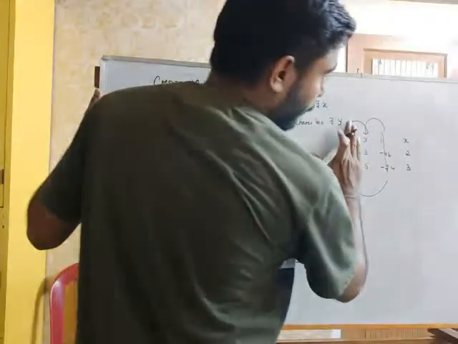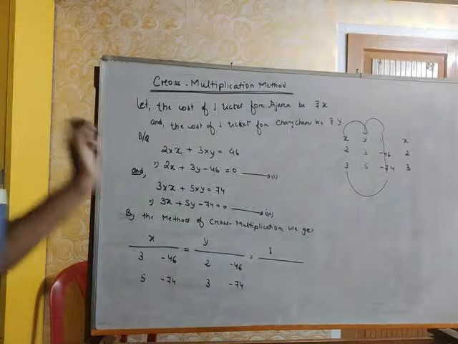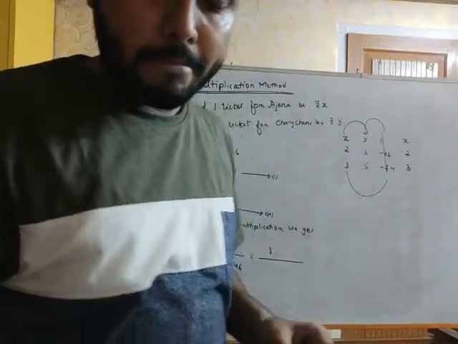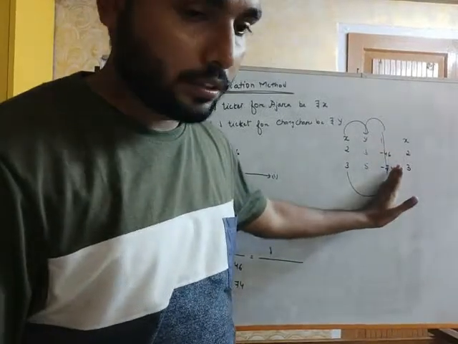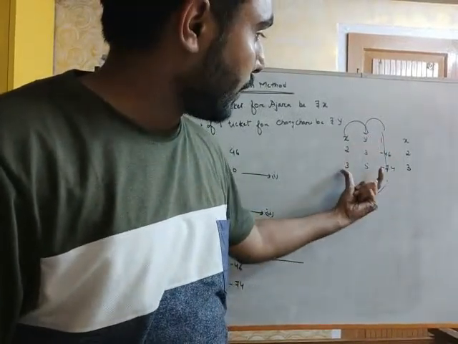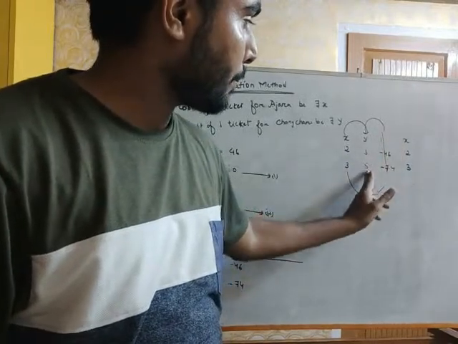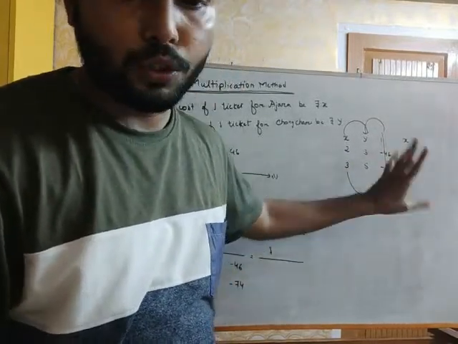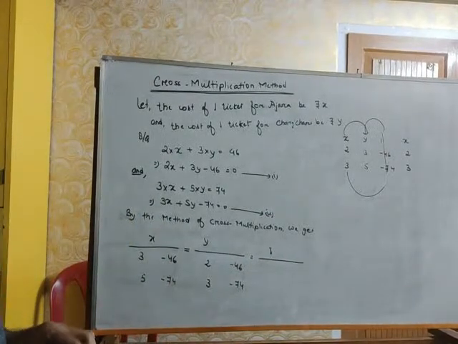So what you will do, you will take the coefficient of y and coefficient of x. Anyone, any doubt, please comment. Okay, what you need to do: for x, y and constant; for y, x and 1; and for the constant term, what will it be? You have to take the coefficients of y and x. Is it clear?